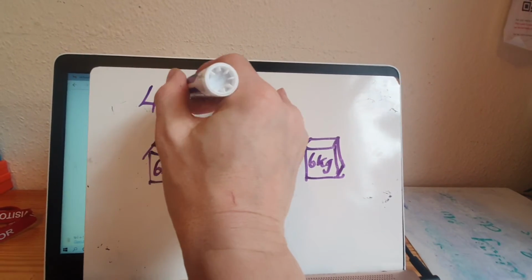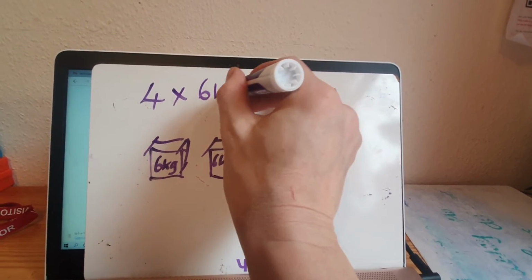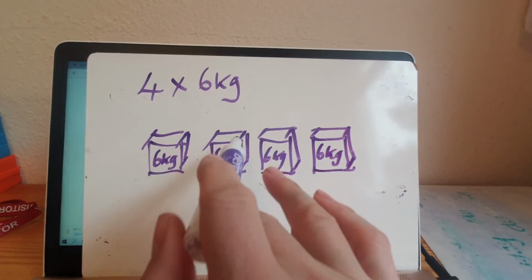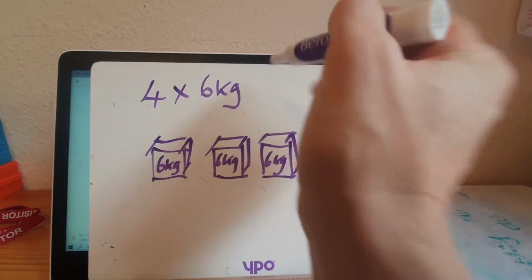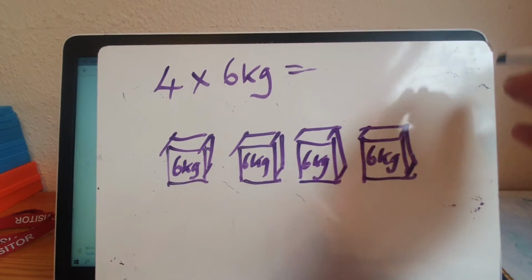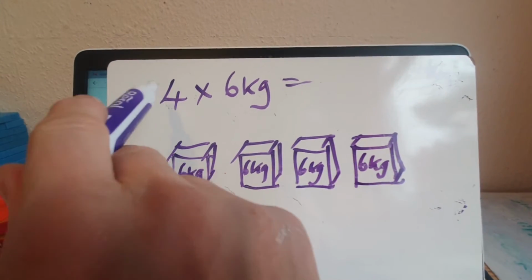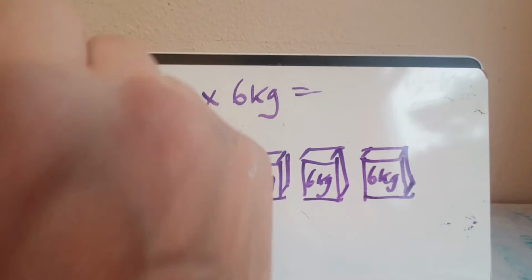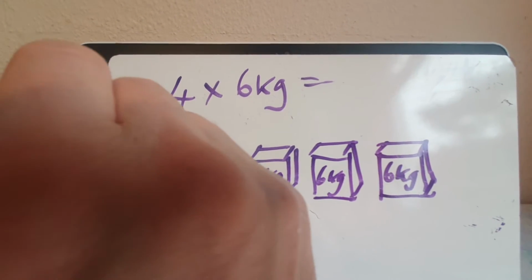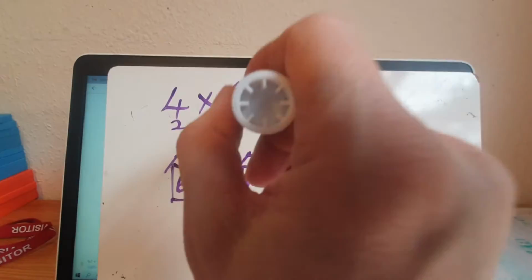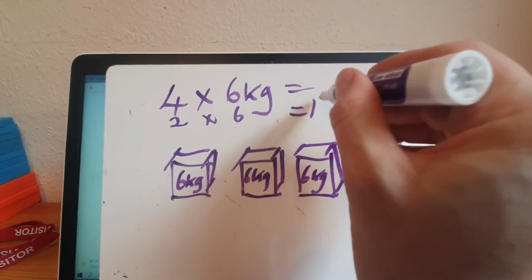So sorry, 4 times 6 kilograms. Okay, so how could you do that? 4 times 6. You could do your 6 times tables, counting in your 6s, or you could count up in your 4s. Another way is to use your knowledge of your twos. So you could say half of 4 is 2. So 6 times 2 is 12.